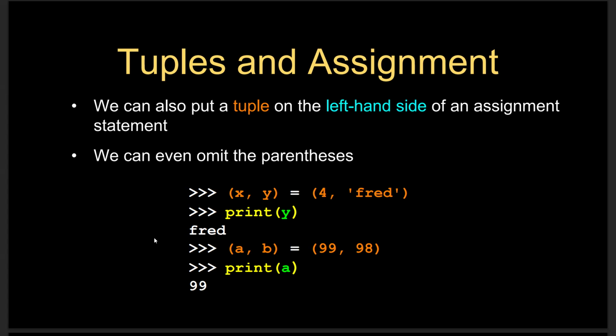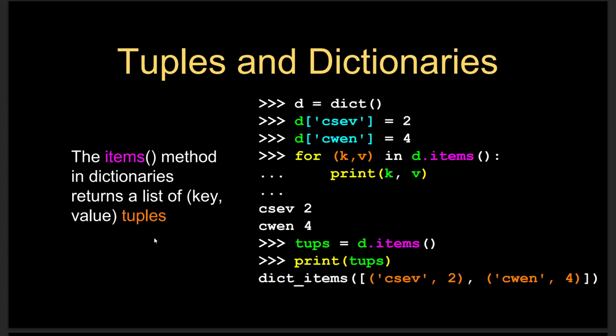Even you can write like this also: a comma b equal to 99 comma 98. Whenever you print a, the value of a is 99 and is printed as output. The value of b is 98. Like that, we can assign the variables for the tuple by using this assignment statement. Next, tuples and dictionaries.